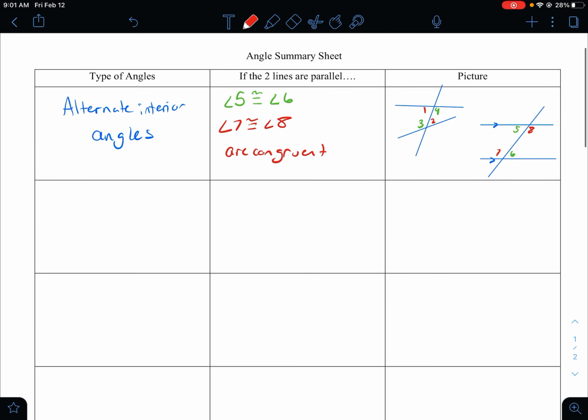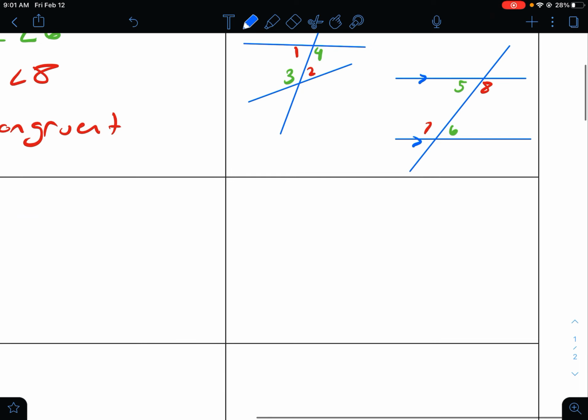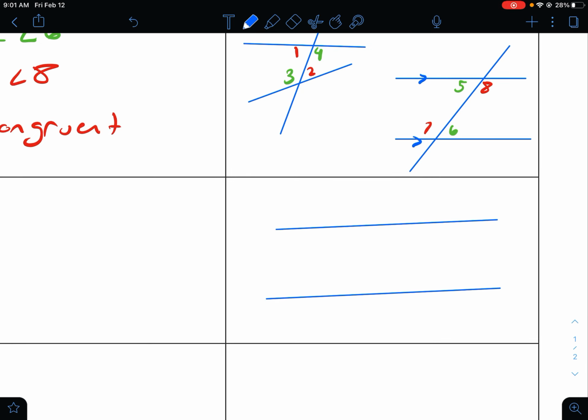All right, so now let's go ahead and learn about alternate exterior angles. All right, so let's go ahead and draw a picture. What we'll do for now is we'll just draw them as parallel lines. All right, so we'll say these guys are parallel.